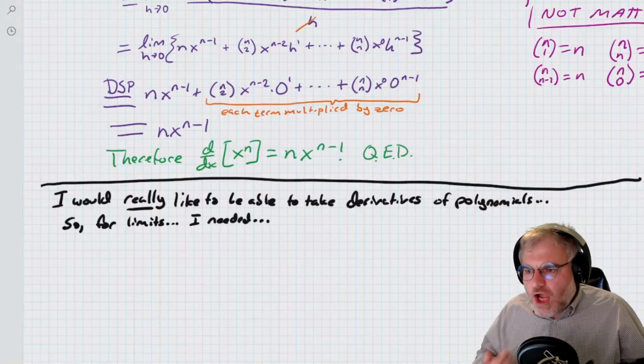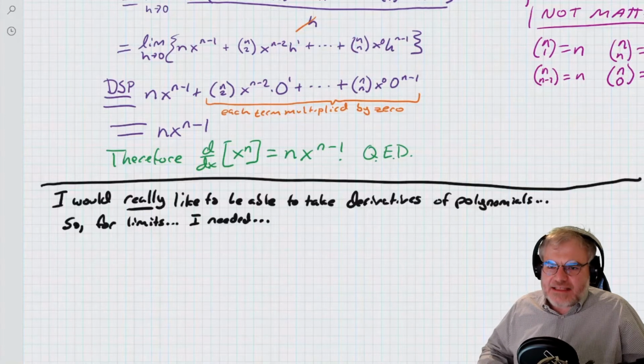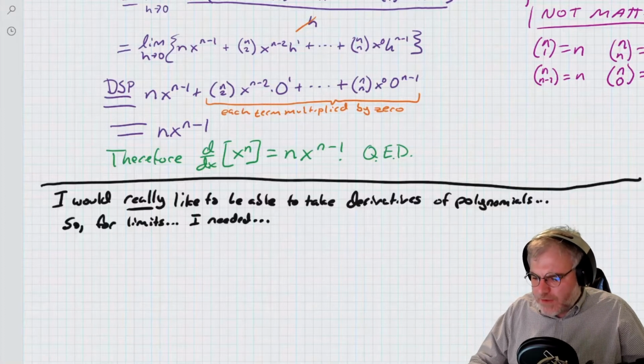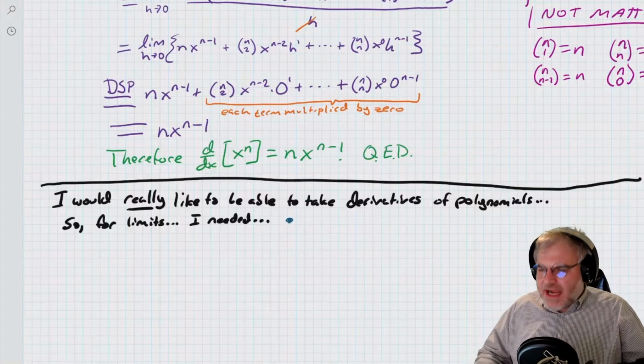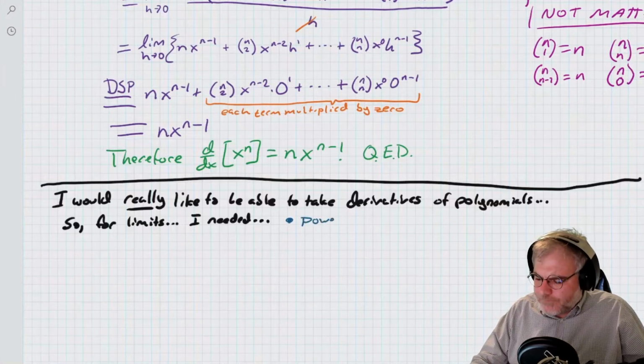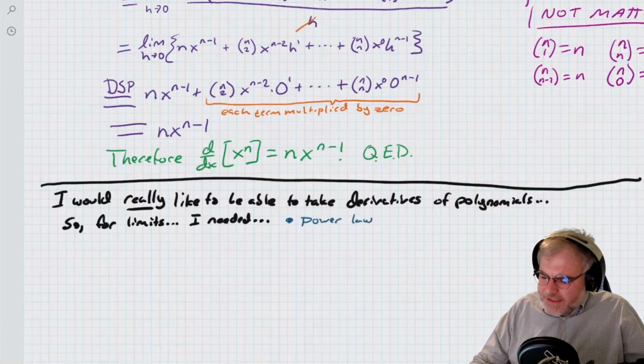So what were the laws? What were the limit laws I had to get at in order to do this for polynomials? I needed the following, right? I needed a power law, right? I needed a constant multiple law.